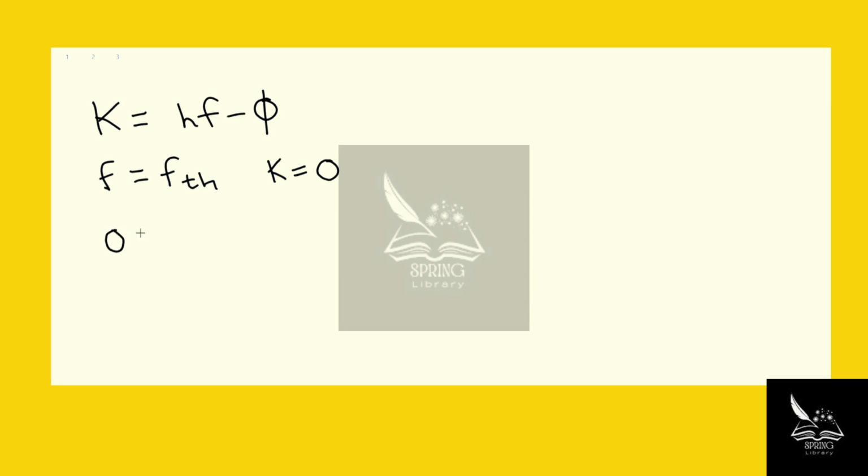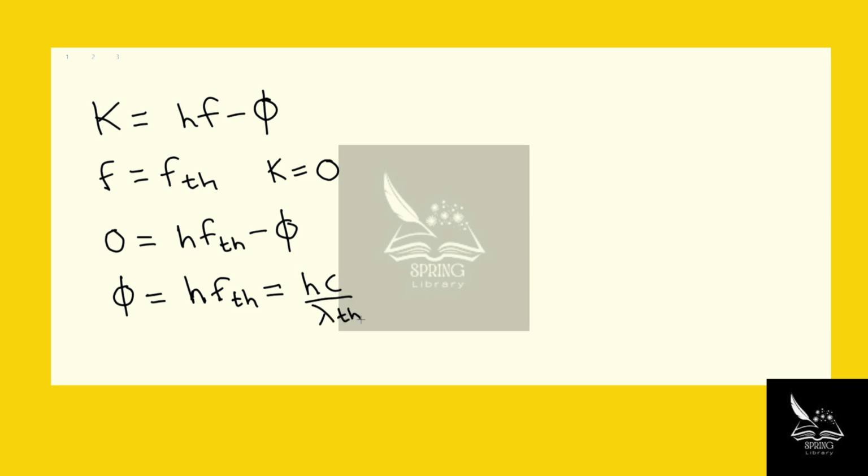So this is the limiting case we're interested in, where K is 0, f is at this threshold, and we have phi. So rearranging, we can solve for what this phi would be. And it's simply the product of h and this frequency. Now, using our c equals f lambda, we can reformulate this as hc over lambda at a threshold value.